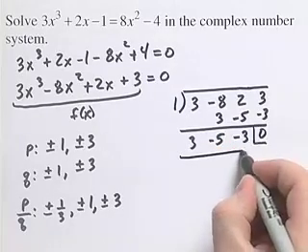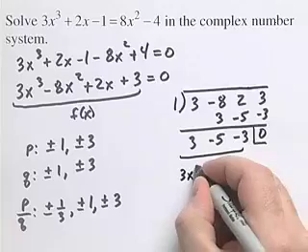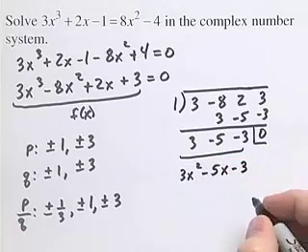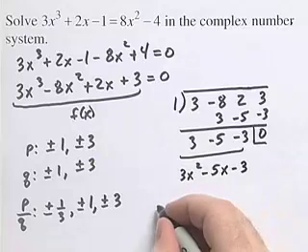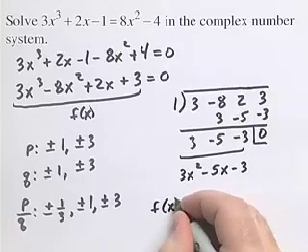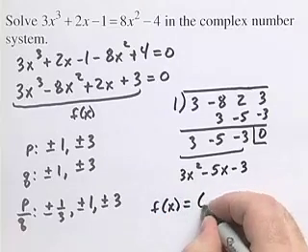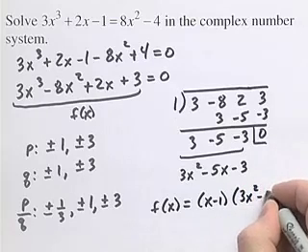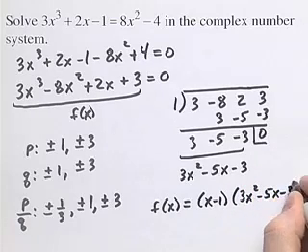This is a reduced polynomial, 3x squared minus 5x minus 3, and it allows us to rewrite our function f of x in a factored form. f of x is equal to x minus 1 times 3x squared minus 5x minus 3.